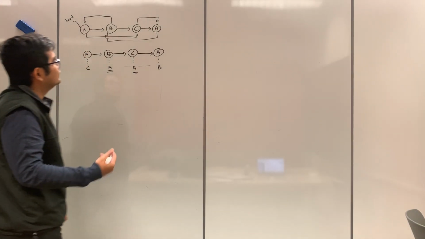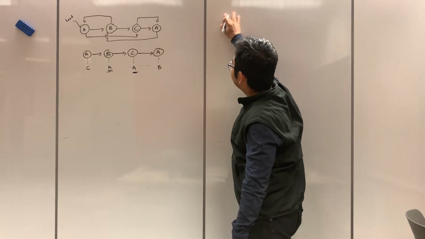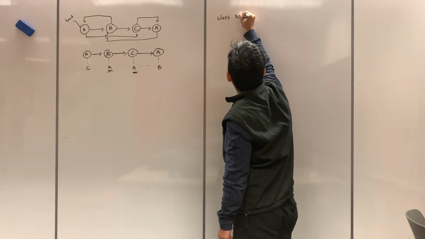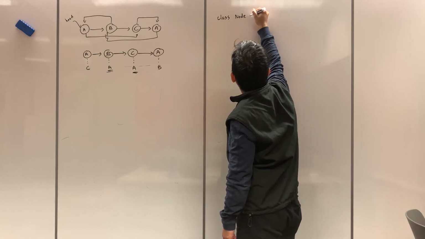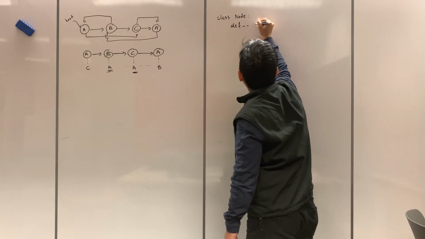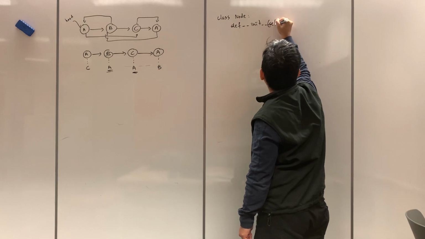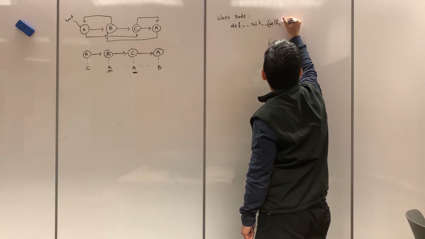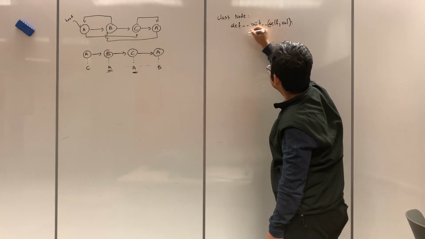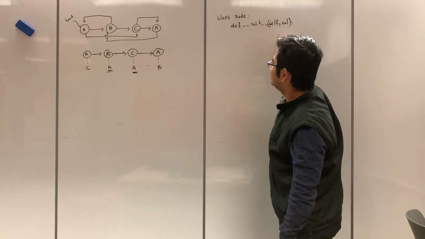Normally in a class node, we usually have two properties.